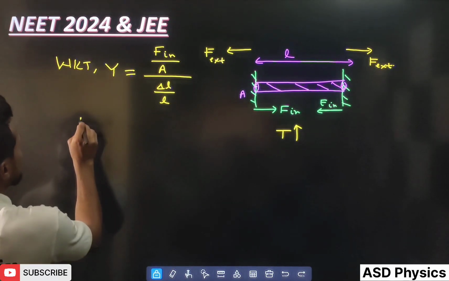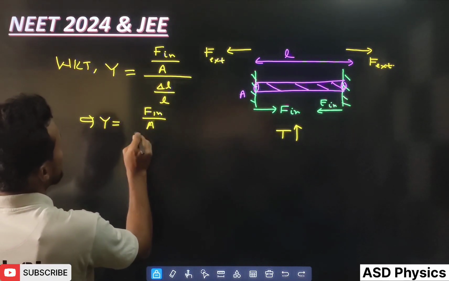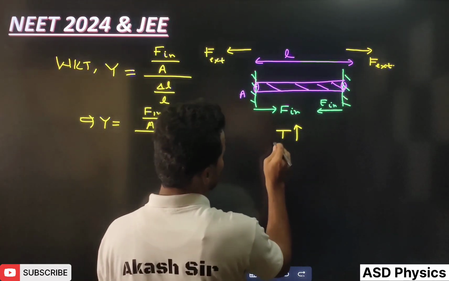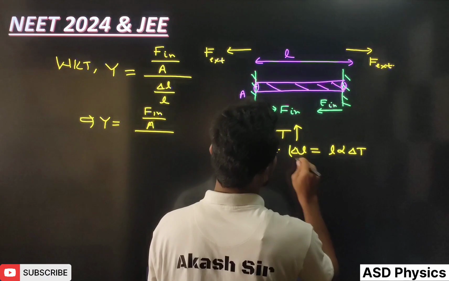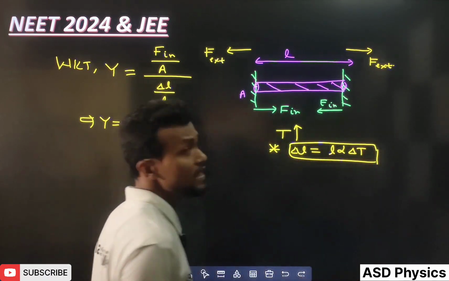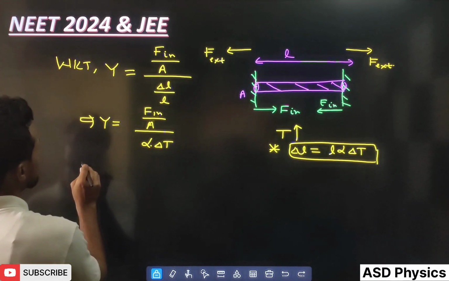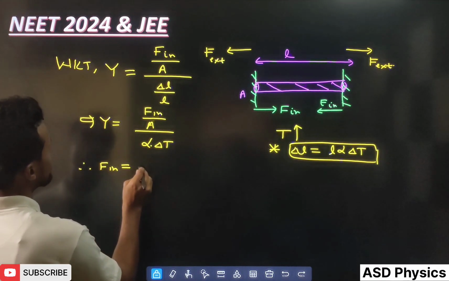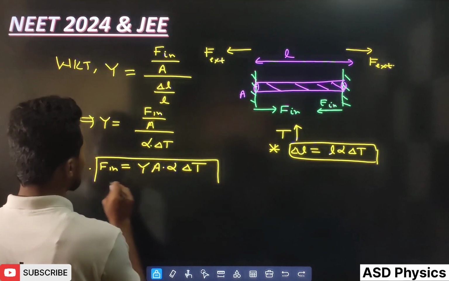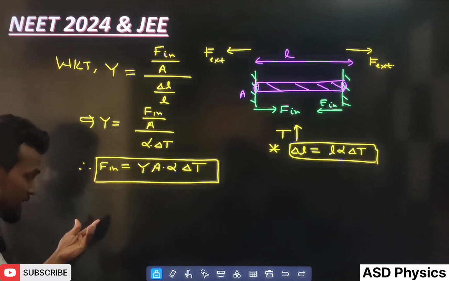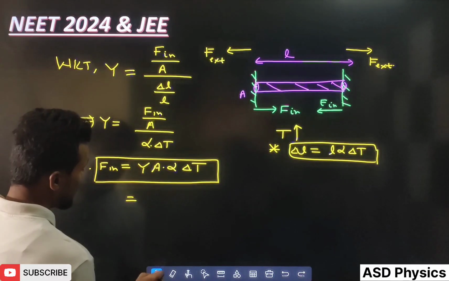So Y equals F internal by A, upon delta L by L. And as I told you, this question belongs to thermal properties of metals also, so delta L we can write as L alpha delta T. So delta L by L is alpha delta T. When you simplify, the internal force will come as Y A alpha delta T. If they ask the stress, that means internal force by area, it will be Y alpha delta T, but here they are asking the force. So this is the formula, and I have to remember that.